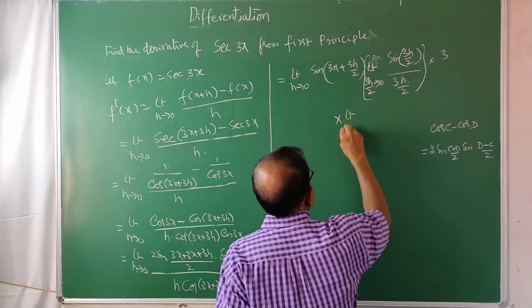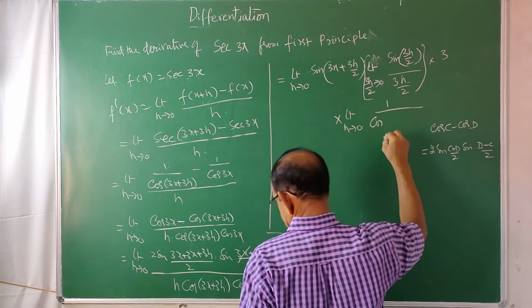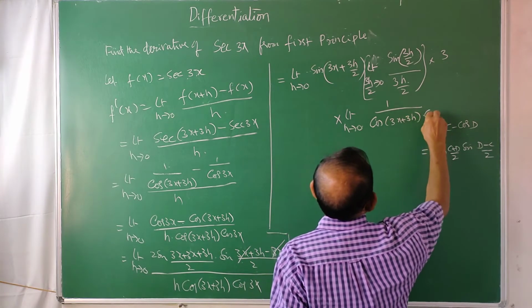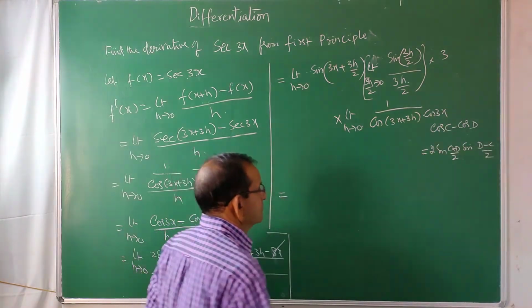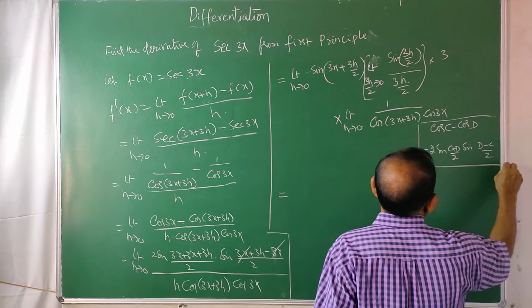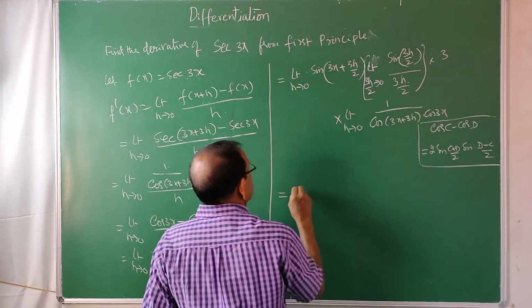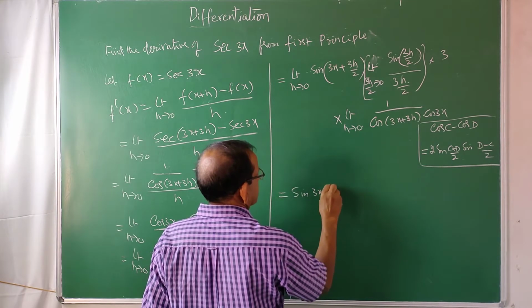Limit h tends to 0, 1 by cos(3x plus 3h) into cos 3x. So that is equal to, you can put h is equal to 0 directly in this one. You will get sin(3x plus 0).